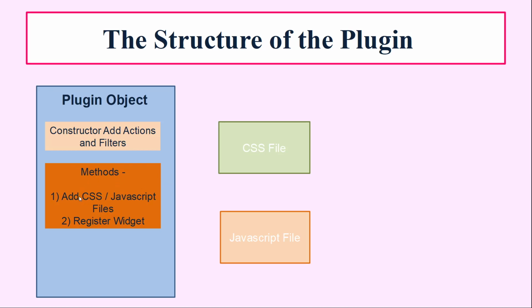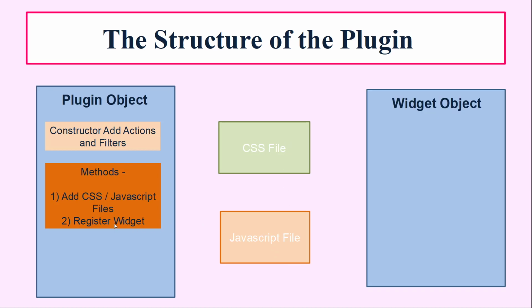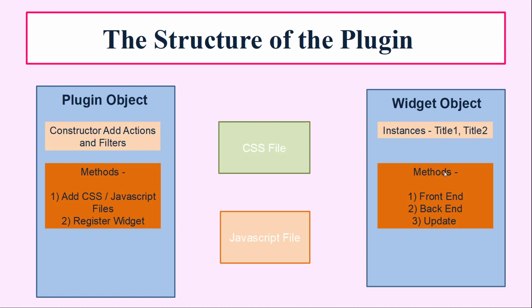Now what will happen is within the first file, the method, we can then create CSS files and JavaScript files, and then the second method registers our second widget. So the widget object is something that we'll have to create in another file, and this will be another class. And then this class will have our instances, the two titles that we saw, and it's going to have three methods.